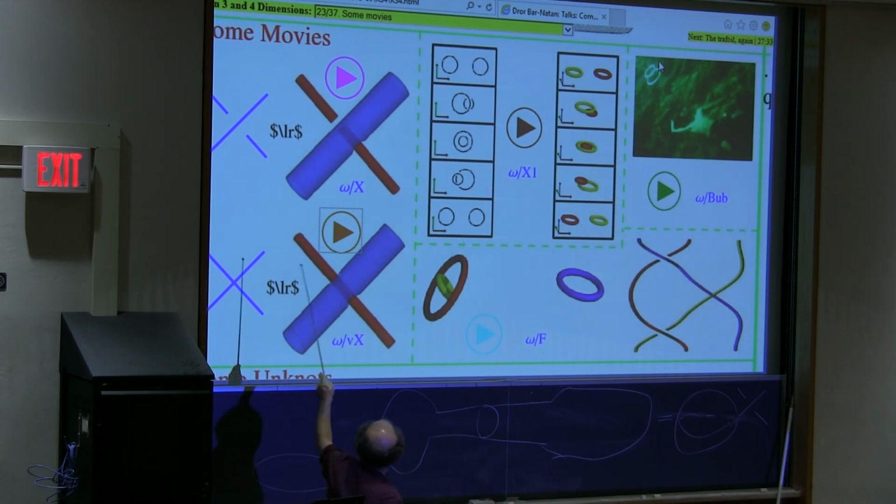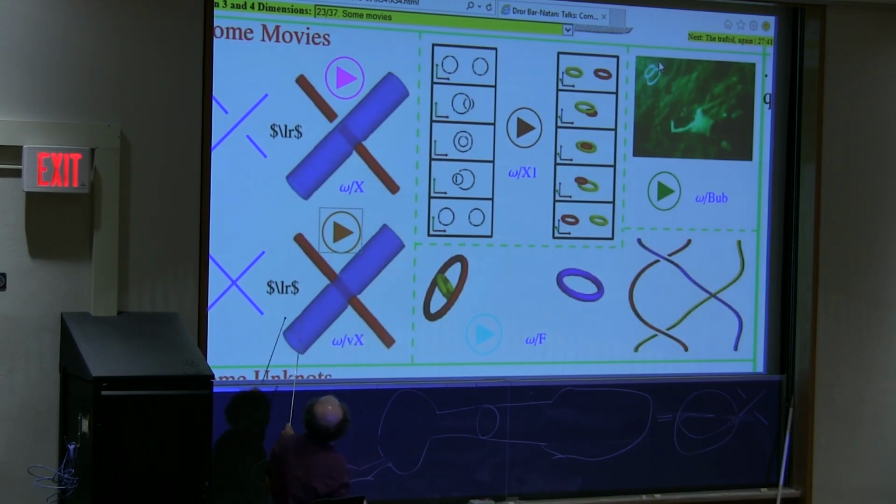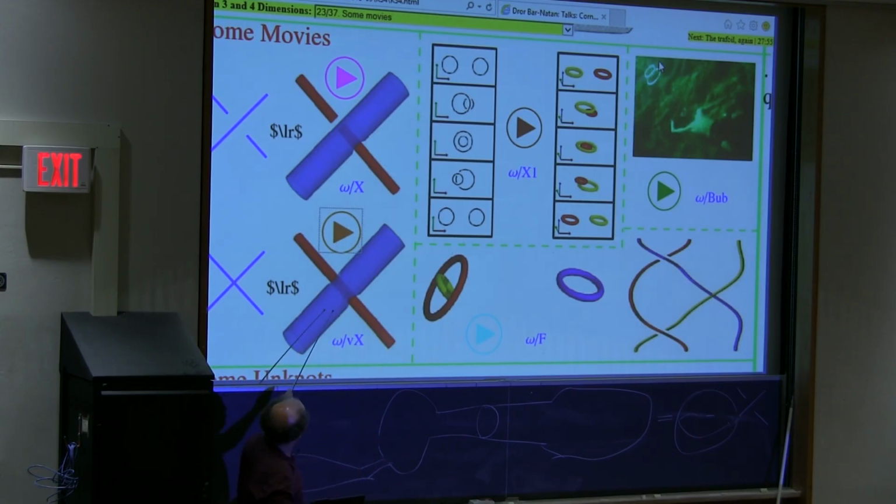But I can also interpret it in 4D as a crossing of two tubes. But then I did a notation for the less interesting kind of crossing. Here there is a difference between the crossings: one goes through the other. And here the two tubes play a symmetric role. So if I wanted a completely two-dimensional notation for it, it would be simply a crossing without declaring which one is above and which one is below.